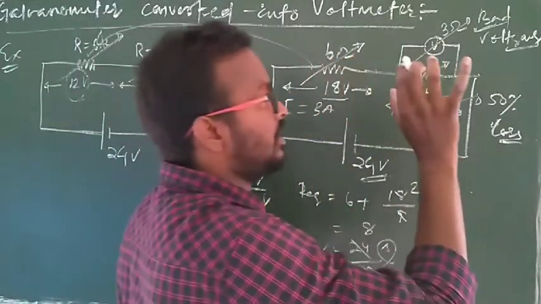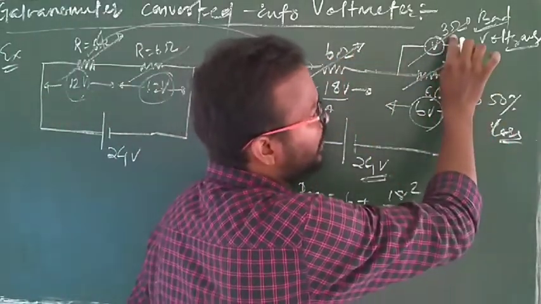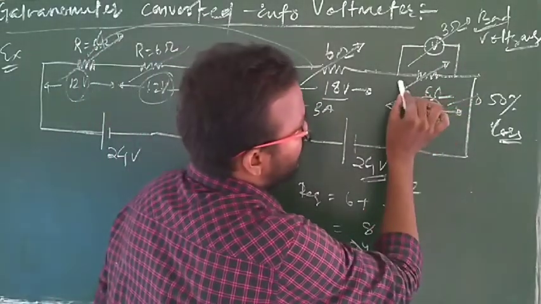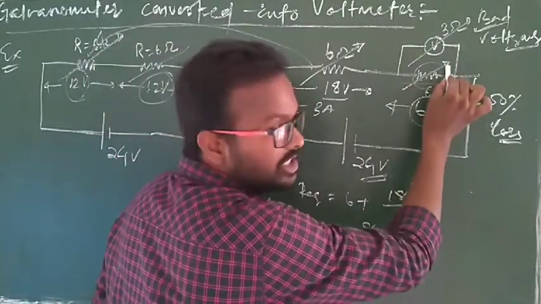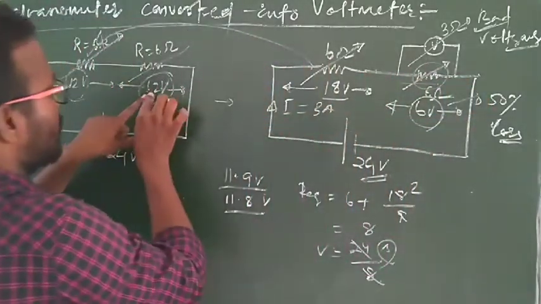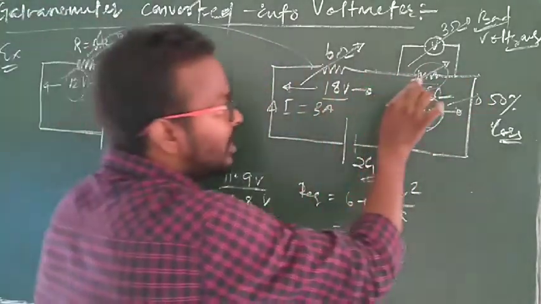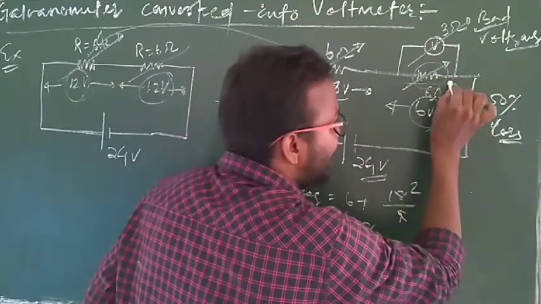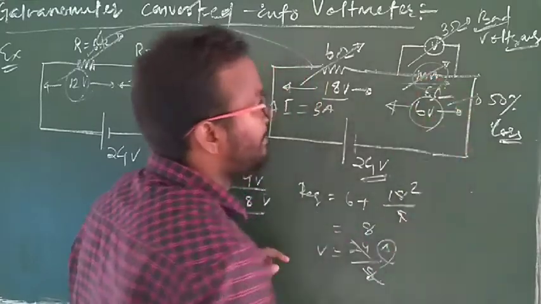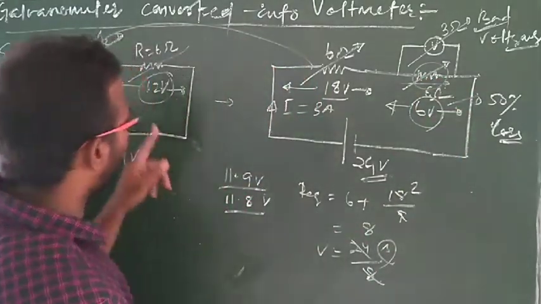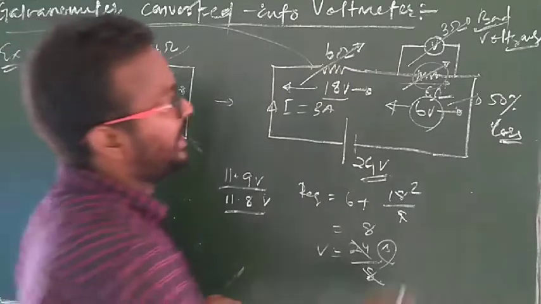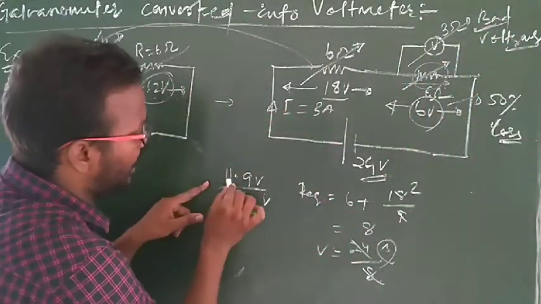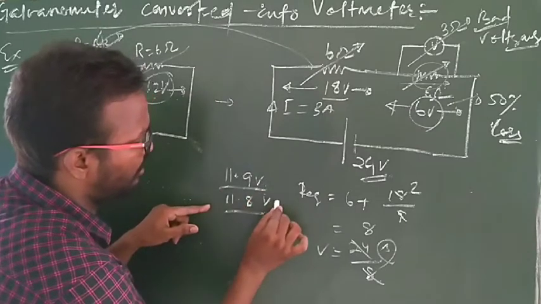What is the condition on the resistance of this voltmeter such that the voltage drop across the second resistor, which was initially 12 volt, remains nearly 12 volt, and the voltmeter reading shows nearly 12 volt, or 11.9 or 11.8 volt?